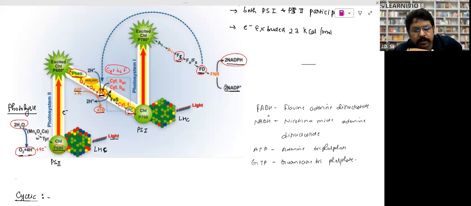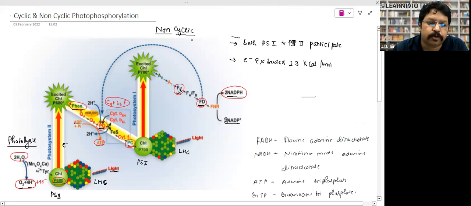Now come to the cyclic and non-cyclic photophosphorylation. So what is this non-cyclic? Photophosphorylation means formation of ATP. In non-cyclic photophosphorylation, basically the electron starts its journey from one point and reaches another point.